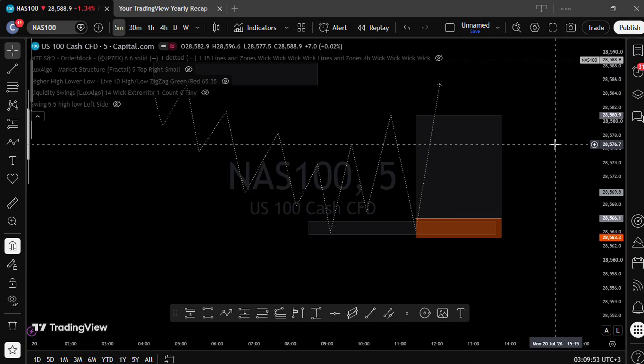But mainly Nasdaq, US 30 and S&P 500, and I normally trade between 10 a.m. to 5 p.m. East African time. So I'm able to get a mix of both London and New York sessions.